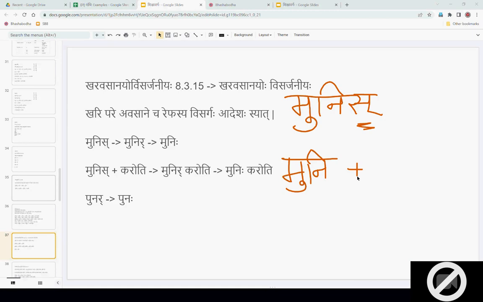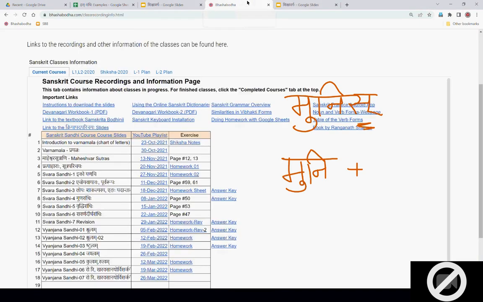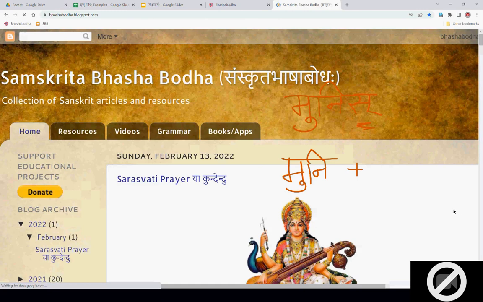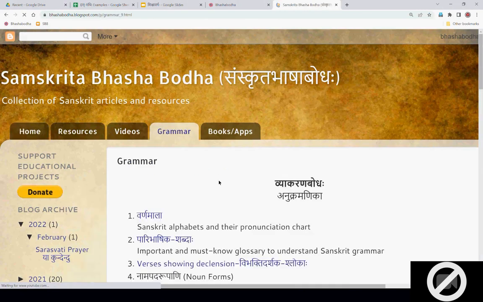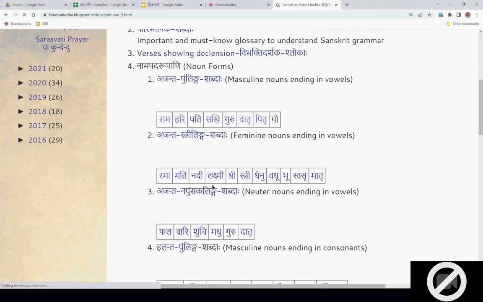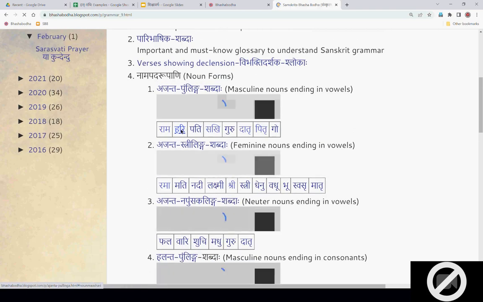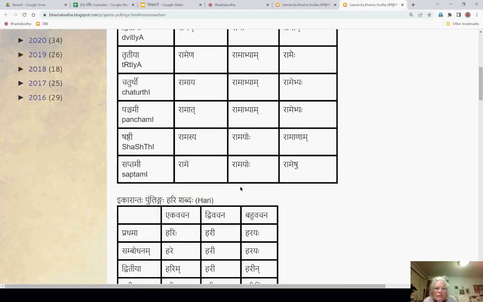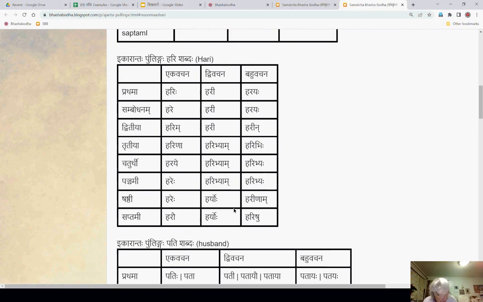So if you go to this grammar page, let's say there is this Hari. This is the vibhakti table, the declension table of Hari, right? How do we get each of these forms here?